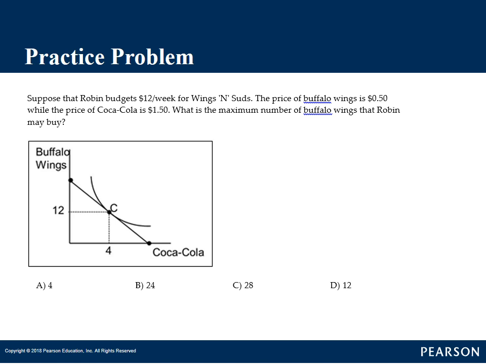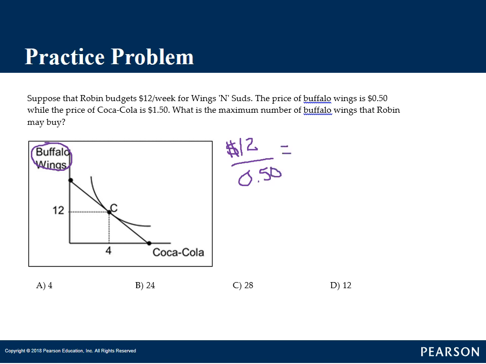Okay, so if we look at this, buffalo wings are along the y-axis here, and we know that if he spent all of his $12 on buffalo wings, we just need to divide that $12 by the 50 cents that the wings cost.